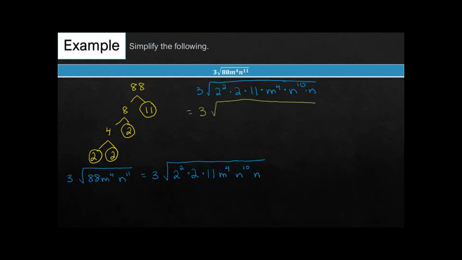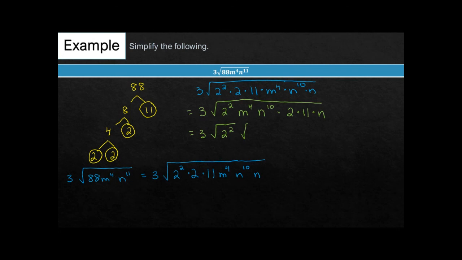So I'm going to have a big, long square root symbol. I've got my 2 squared with an exponent, m to the 4th with an exponent, n to the 10th with an exponent, and then the stuff without an exponent is 2 times 11 times n. Now everything that has an exponent I'm going to separate out into its own square root symbol.